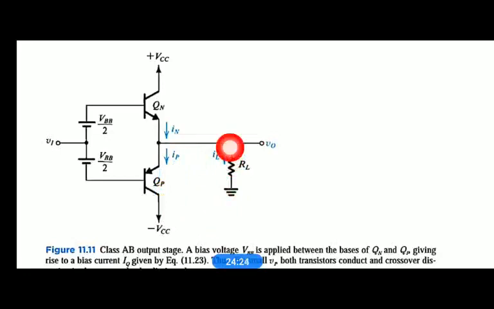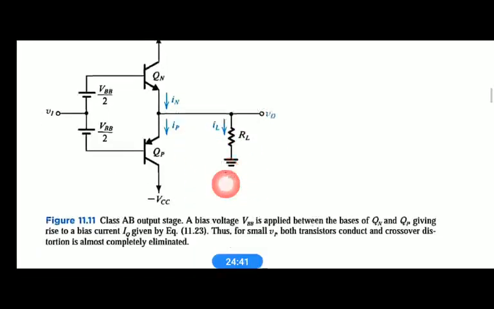Here, when Ip is increased, you see Ip and Il are in opposite directions. So Ip increases, Il decreases. Hence the decrease in the input voltage Vi towards the negative direction causes the Il to decrease, which causes the output to decrease.